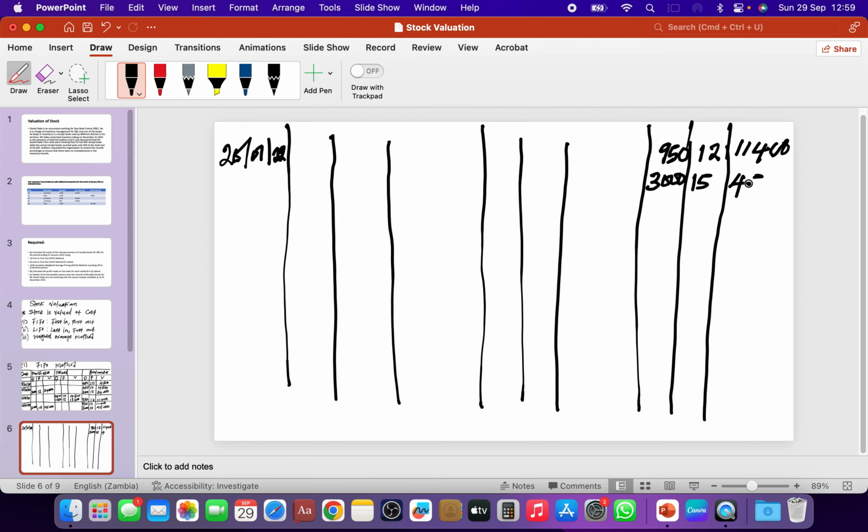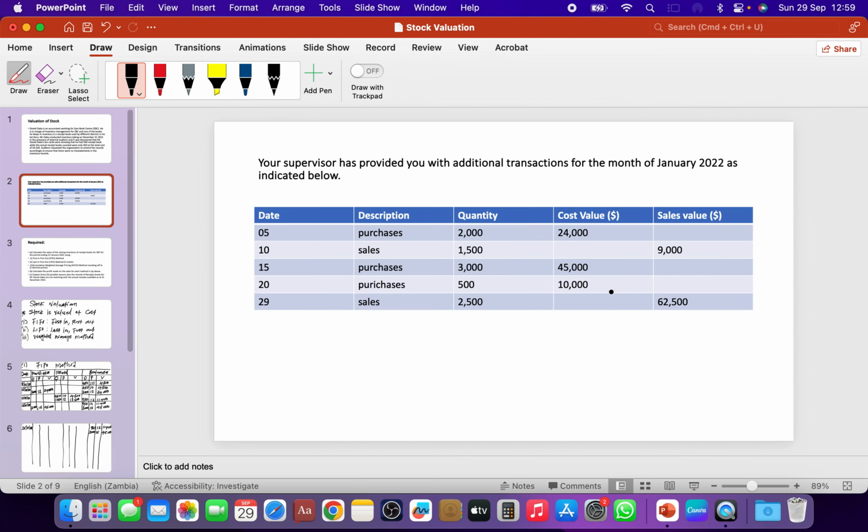45,000. Okay, and on this same date, we bought stock, 500 items. We bought 500 items, and the value of it was $10,000.